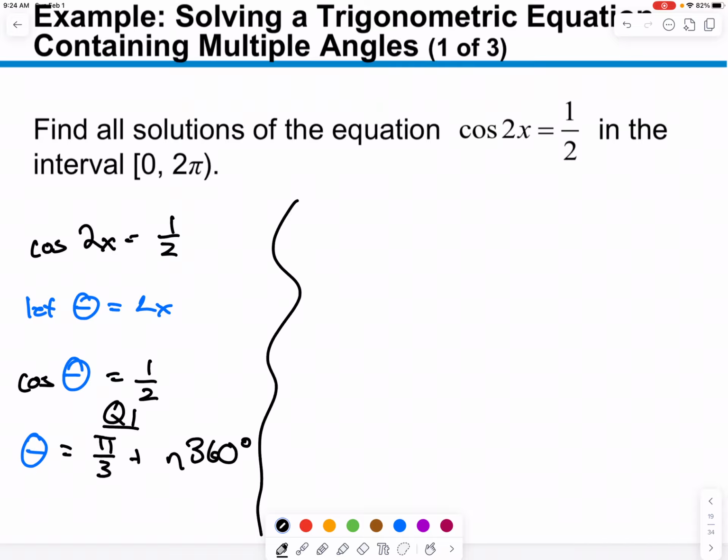And I'll work over here for the quadrant 4 solution. That's like 60 degrees, so we want to be 60 degrees off the x-axis in quadrant 4. So for quadrant 4, theta equals 2 pi minus pi over 3.